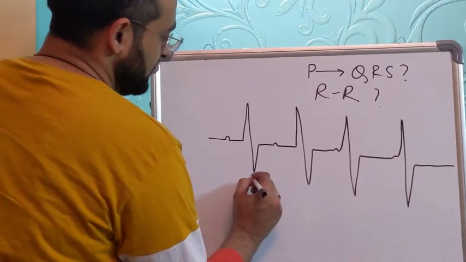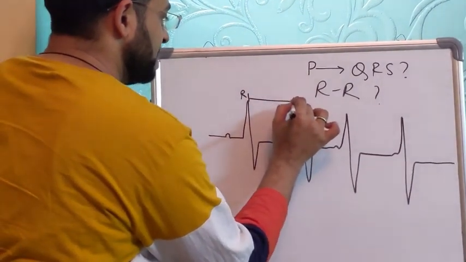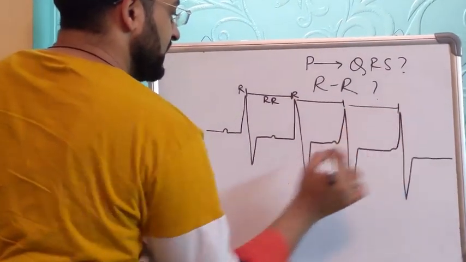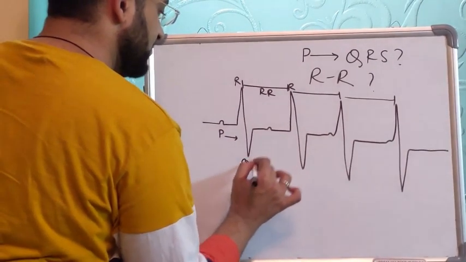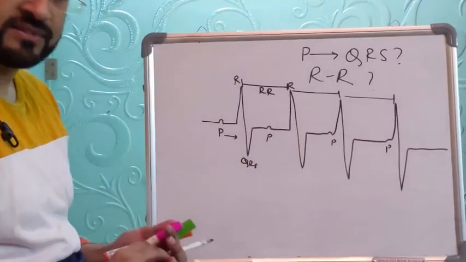Now here if you see the interval between two R waves, the RR interval is constant. At the same time, there is one P and after this there is one QRS. Everywhere there is one P and then there is a QRS. But is this a sinus rhythm?